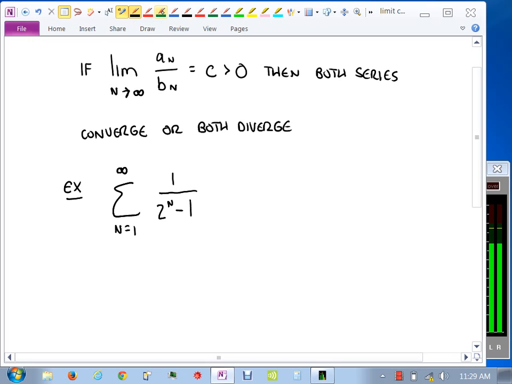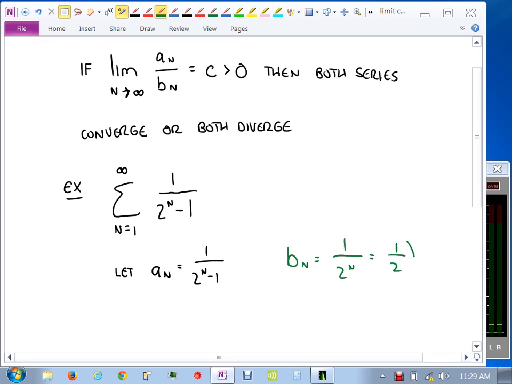How about if I let, of course, a sub n be what's in there, 1 over 2 to the n minus 1. But then I'm going to choose my b sub n to be 1 over 2 to the n, which is the same as 1/2 to the n. Now, do you know anything about b sub n?